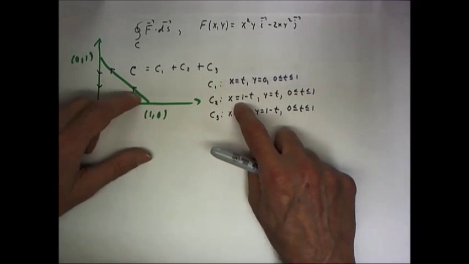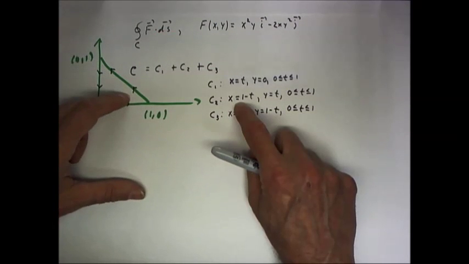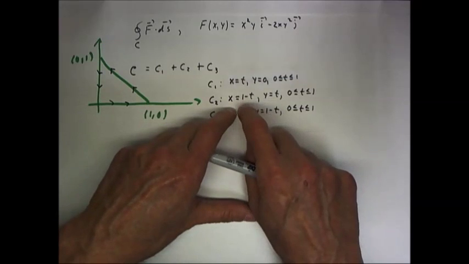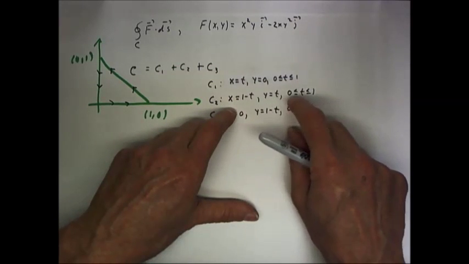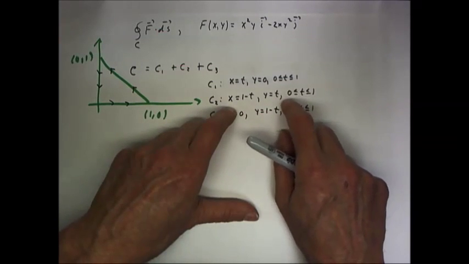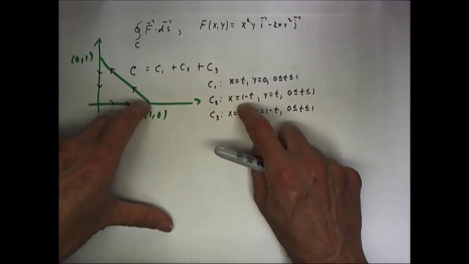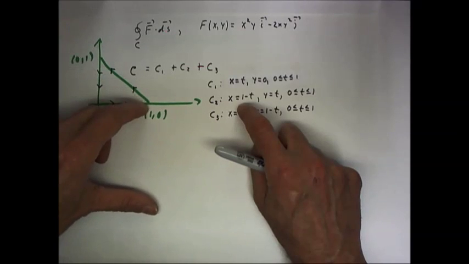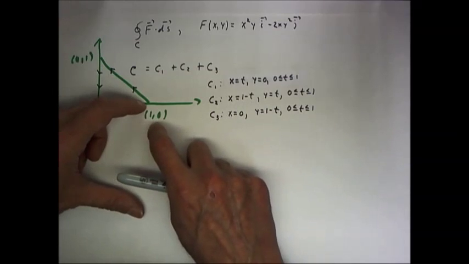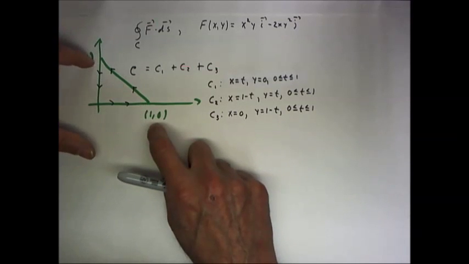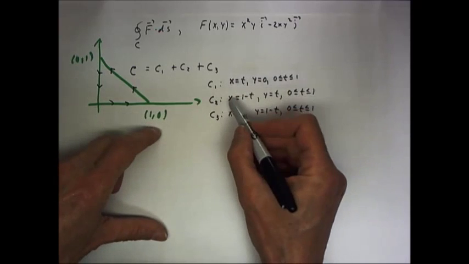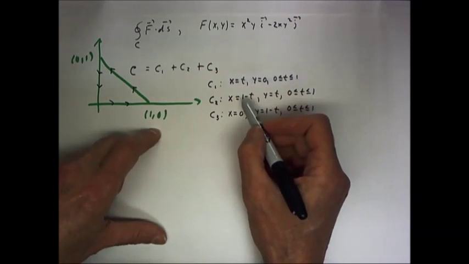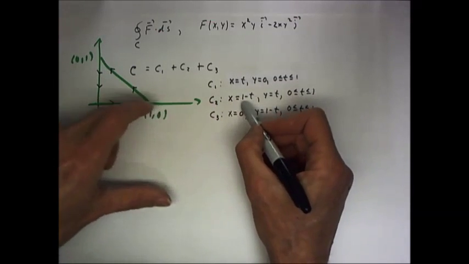Along the second curve, we see that y equals 1 minus x, but if we're going to parameterize this, we want our parameter t to start at this point and end at this point, so we want x to equal 1 when t equals 0 and x to equal 0 when t equals 1. We accomplish that by letting x equal 1 minus t. 1 minus 0 gives us 1.